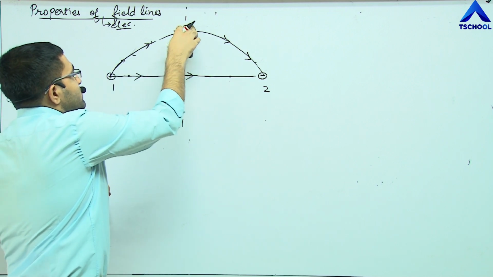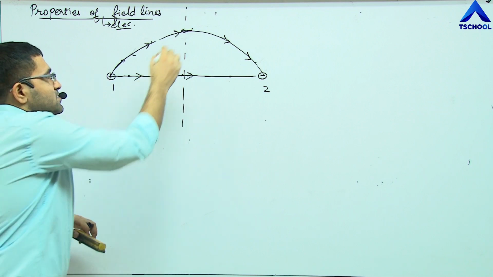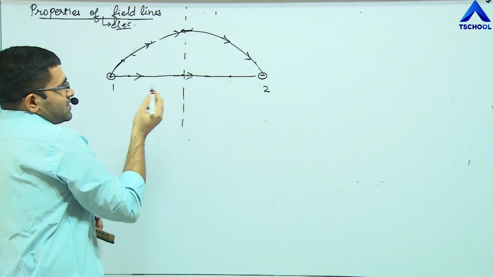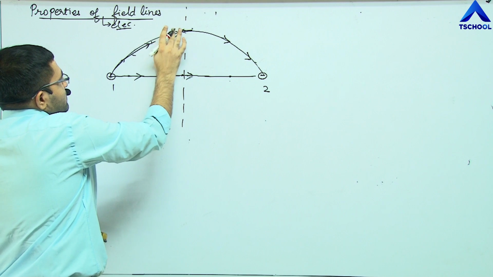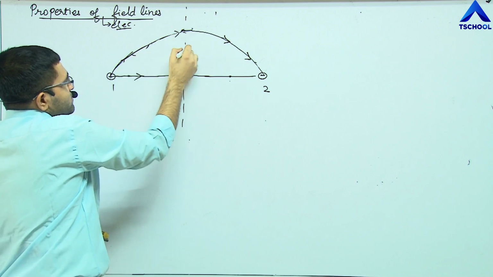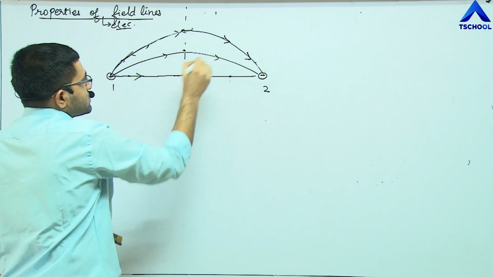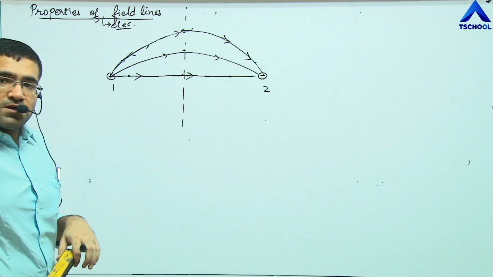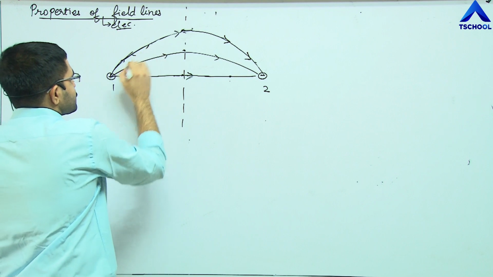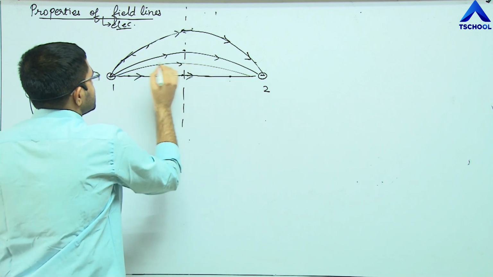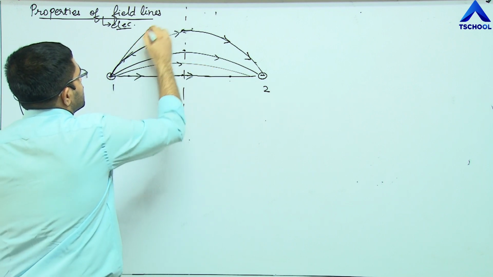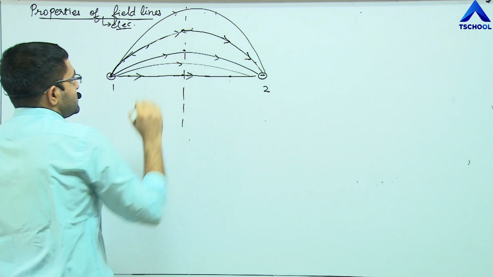So finally, we have got this field line. Now, I did this for this point, but that's not necessary. I could have done it for this one as well. In that case, we get it like this, going from the positive charge to the negative charge, or maybe like this, or like this, correct?